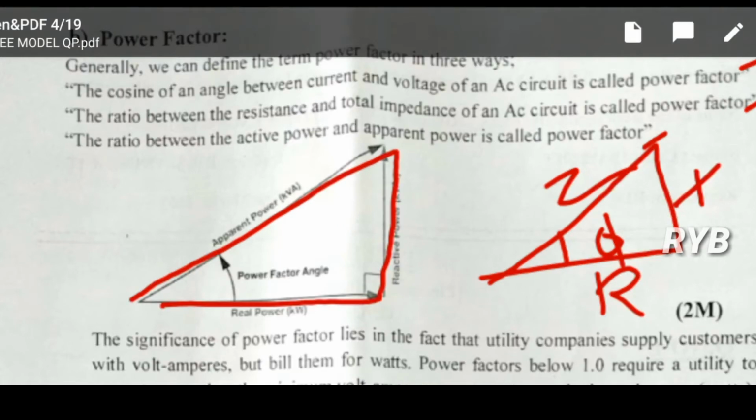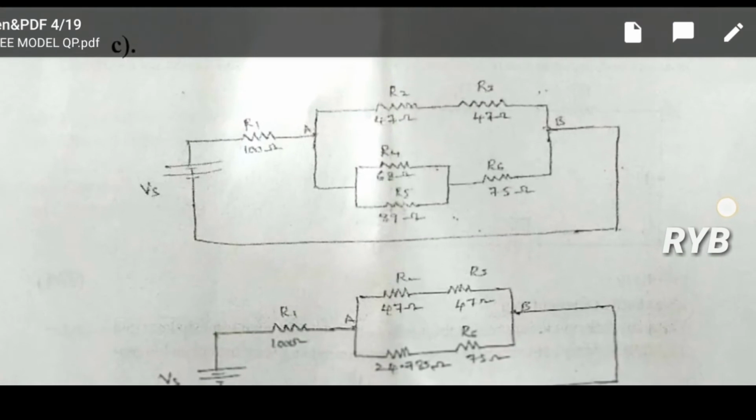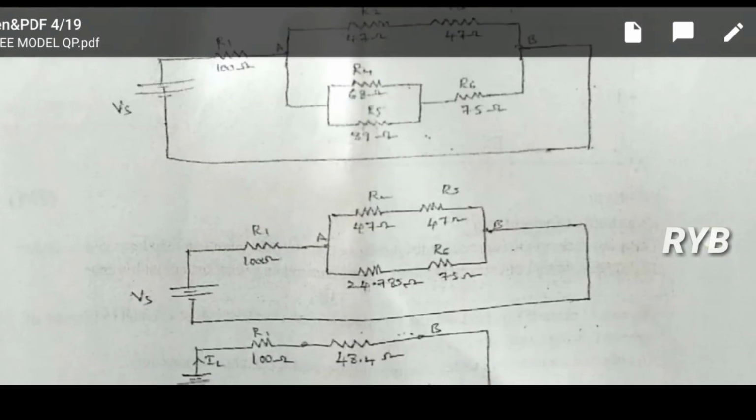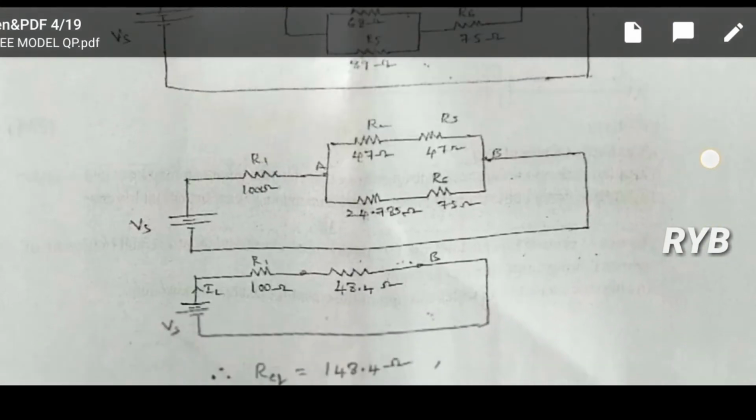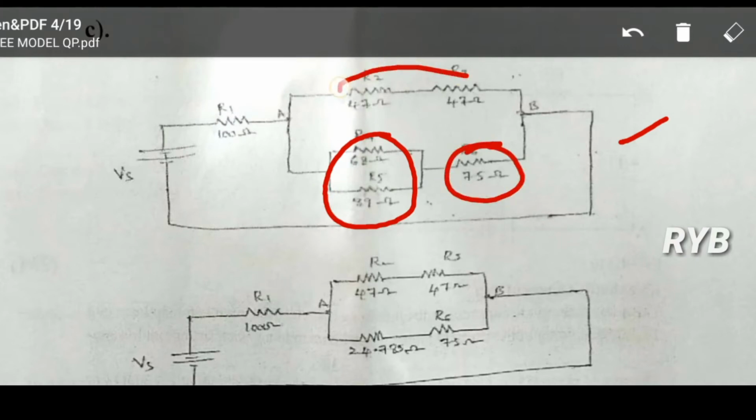Similarly, if you go for the equivalent resistance, how do we find it? The given circuit is like this. They gave the values R1, R2, R3, R4, R5. These are in parallel. First we combine them into an equivalent resistance. After that it is in series. We found this resistance, and after that these are in series.